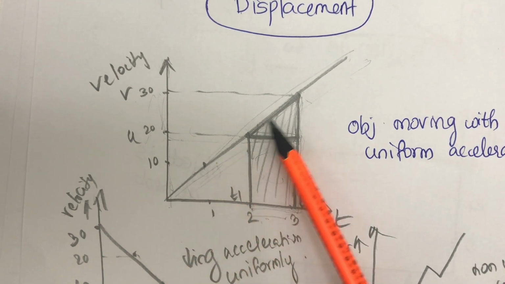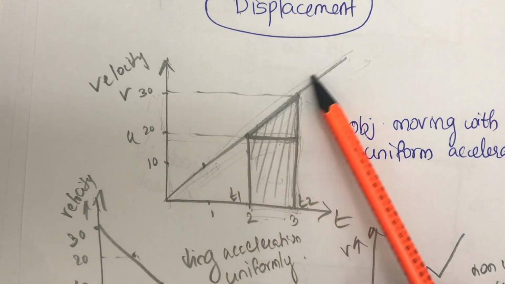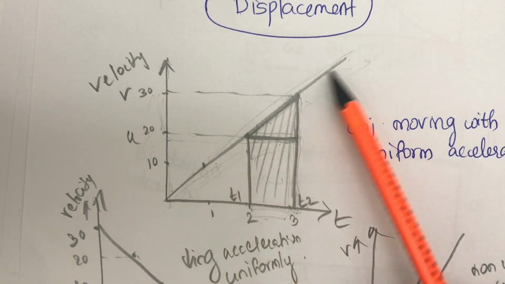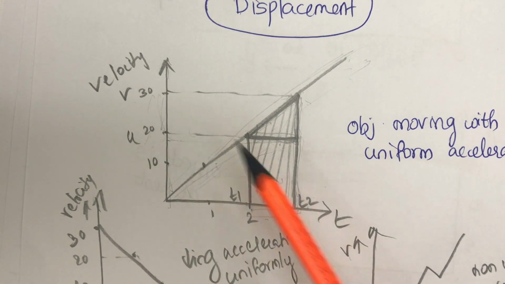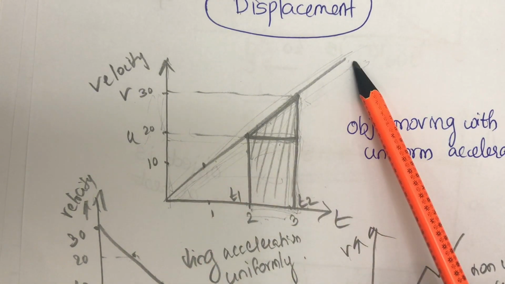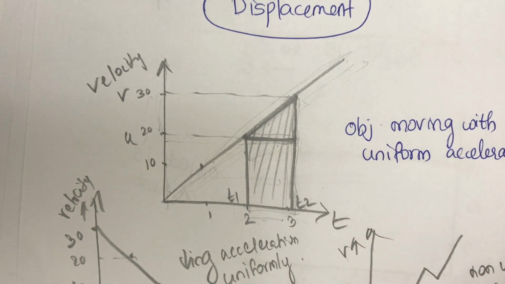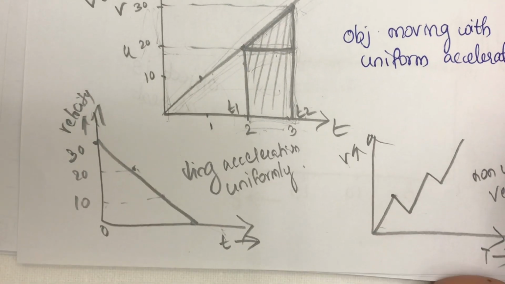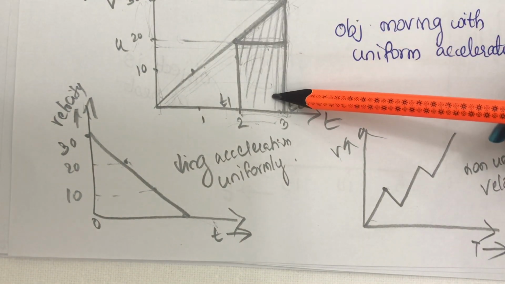Okay, increasing the speed means what? Acceleration. So with increasing speed, that is at a uniform rate, for an object moving with uniform acceleration, our VT graph will be a line inclined to the time axis. Okay, and the area under this slope will give what?